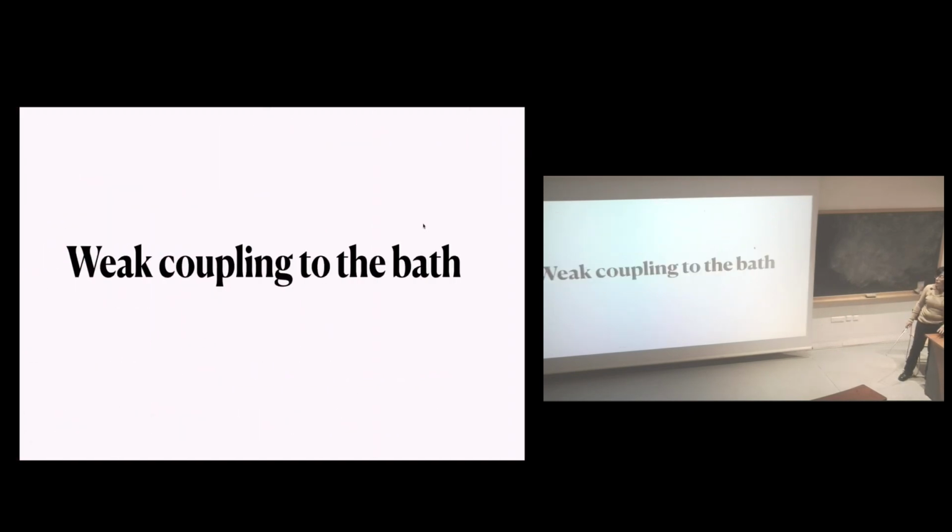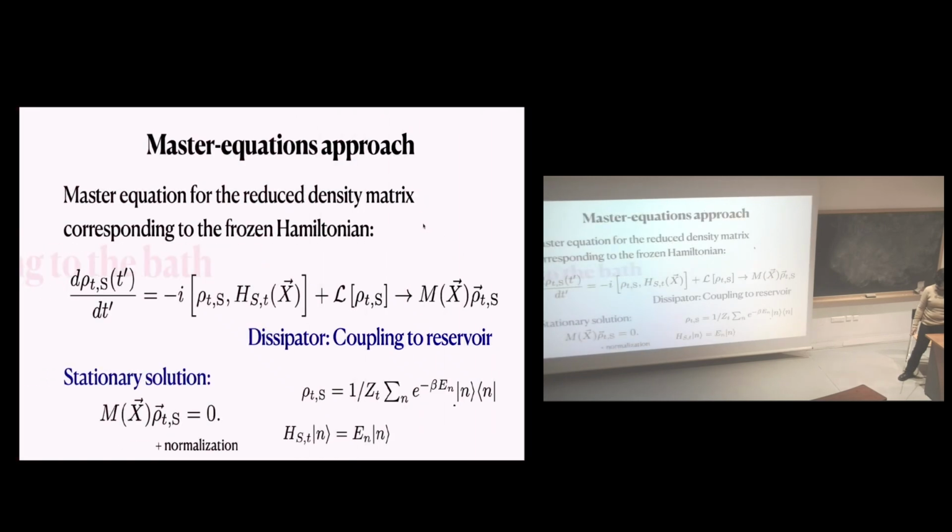Okay, so this was very general, and I didn't give you any way to calculate these linear response adiabatic coefficients. But the case of systems which are weakly coupled to the environment is very special, and such systems are usually treated in the Lindbladian description.